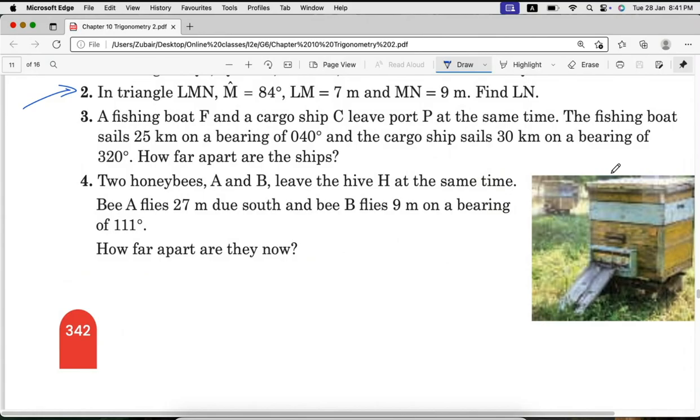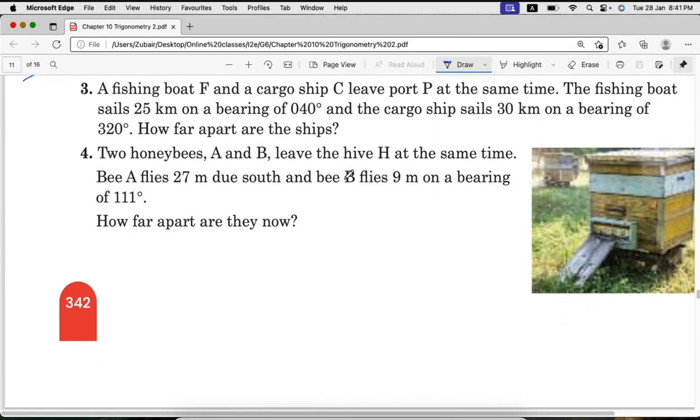I'm getting 10.8 meters. Same answer. Yes, I got the same 10.81. Okay, very good.